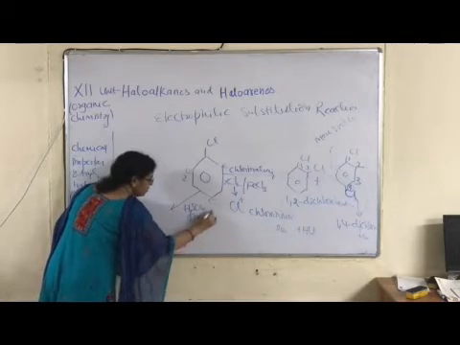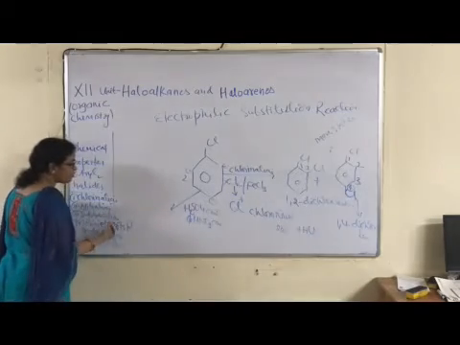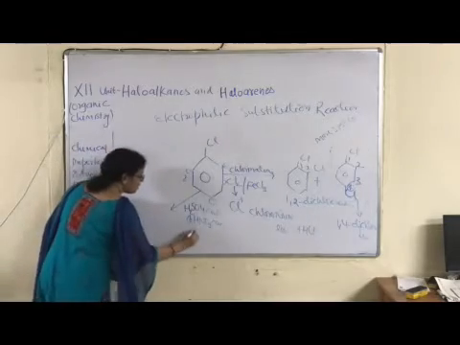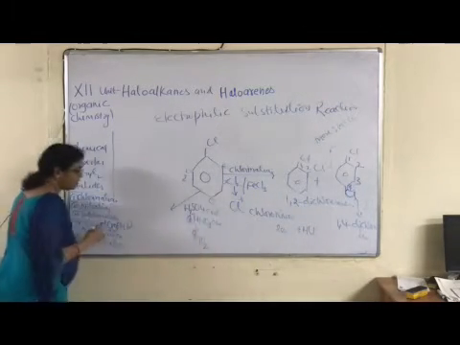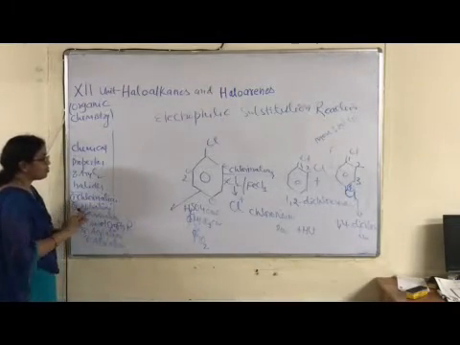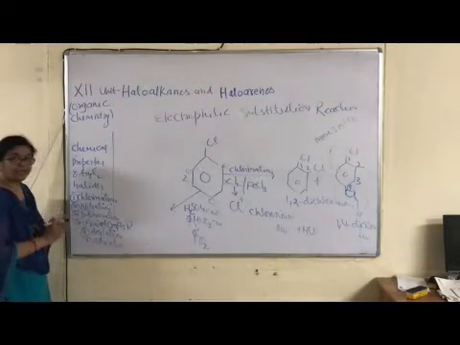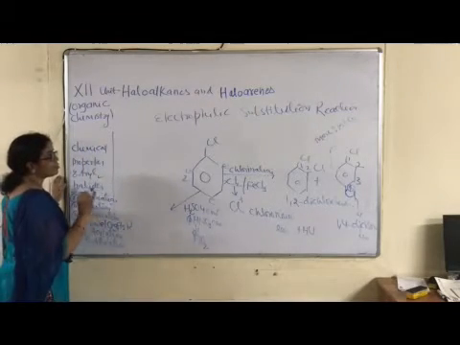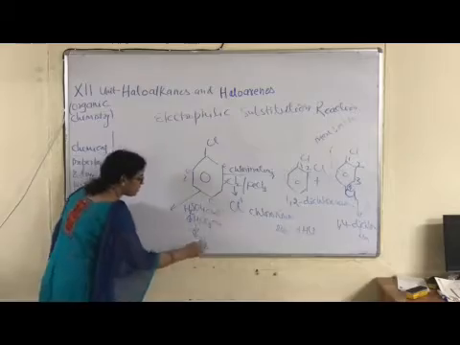Concentrated sulfuric acid and concentrated nitric acid, HNO3, right? Then what happens? This mixture gives the electrophile, which is nitronium ion. In any chemical reaction of chlorobenzene or haloaryl, there is always formation of an electrophile, because the type of reaction is electrophilic displacement reaction. This electrophile is nitronium ion.